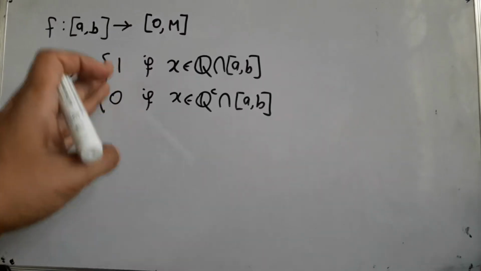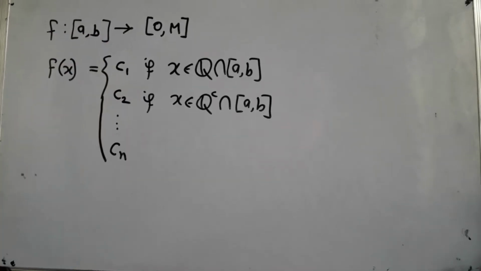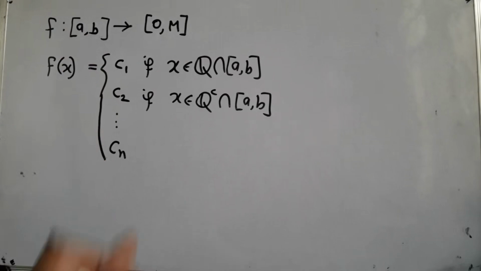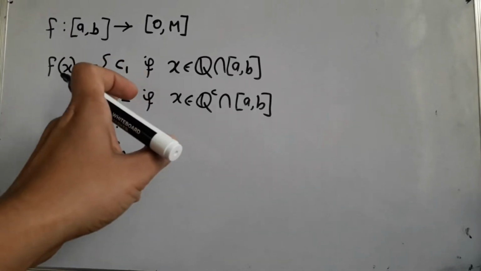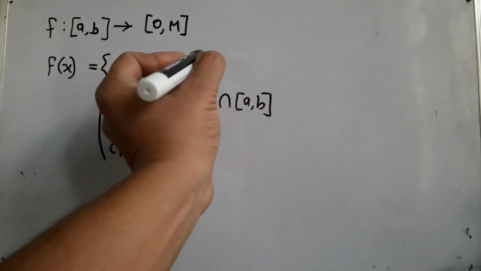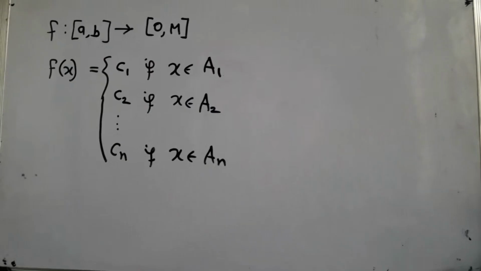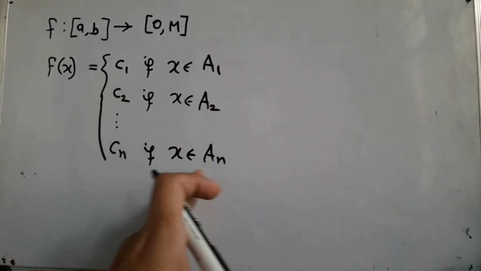And these numbers need not be only two of them, there may be any finitely many of them, C1 to Cn, and it will be C1 if x lies in some subset of AB, which I shall denote by A1. Similarly, C2 if x is in A2, and Cn if x is in An.